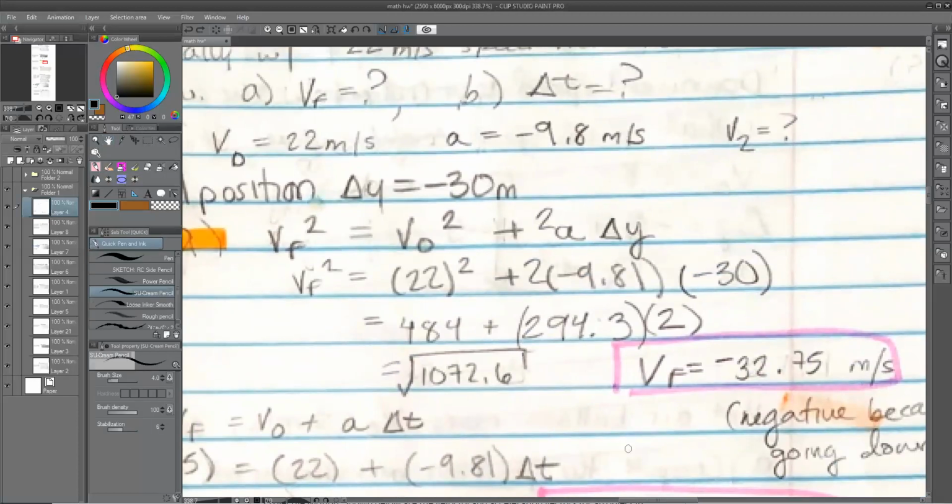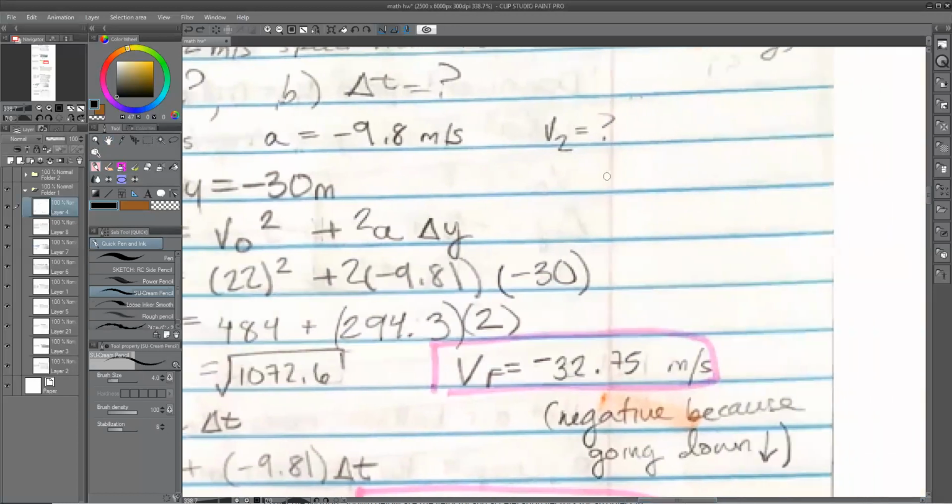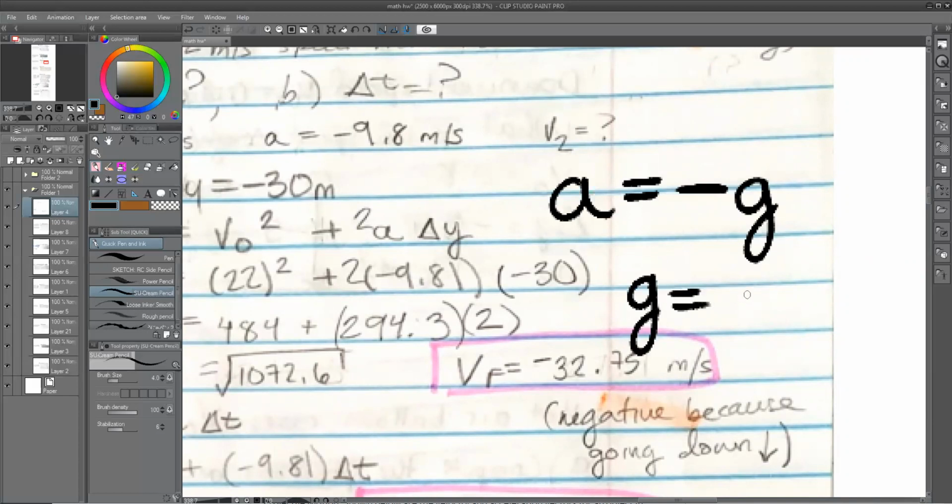Now, it's very useful to know this distinction. Acceleration is a vector that is equal to negative gravity. And gravity is just 9.81 meters per second squared. So I always separate these two in my brain.